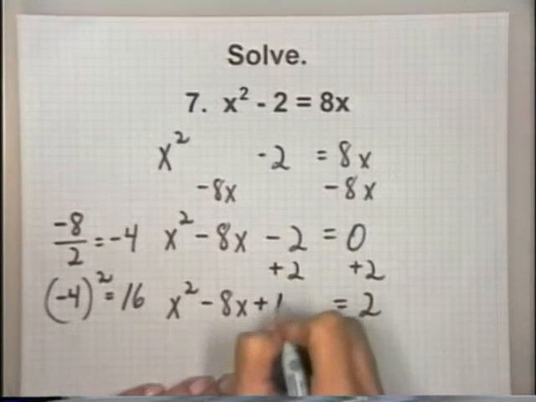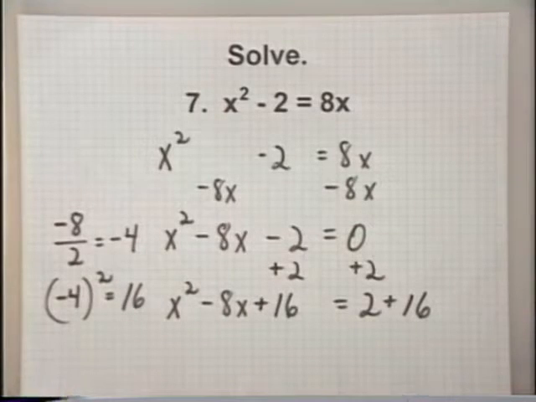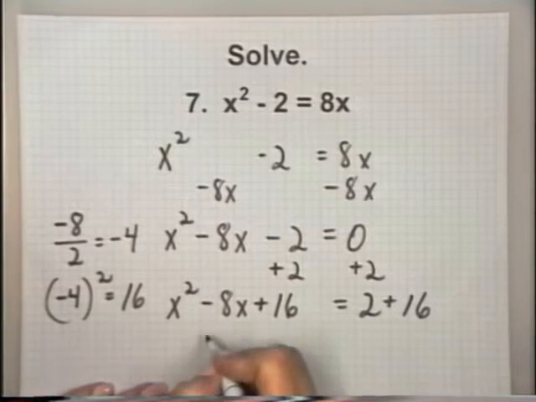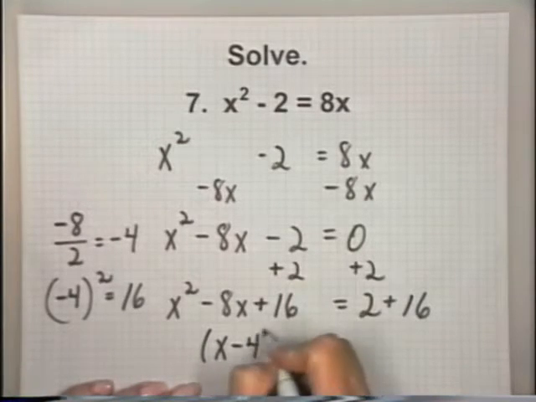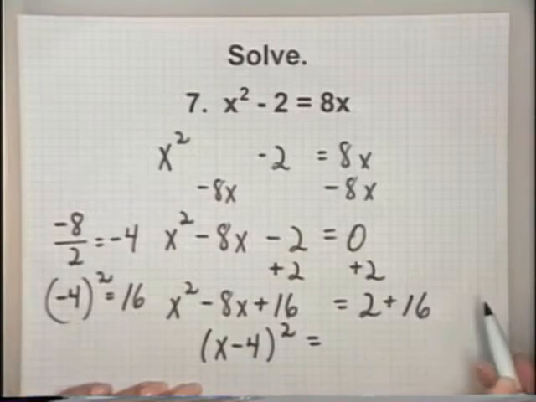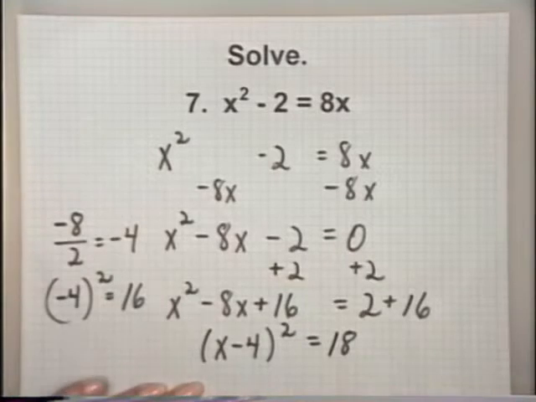So that tells us that we're going to add 16, and of course we have to add it to both sides of the equation. On the left, our x squared minus 8x plus 16 is a perfect square trinomial. It factors into x minus 4 squared. On the right, we simply combine our numbers. 2 plus 16 is 18.